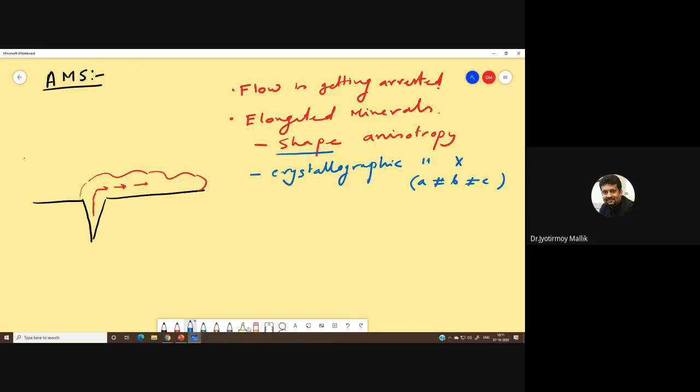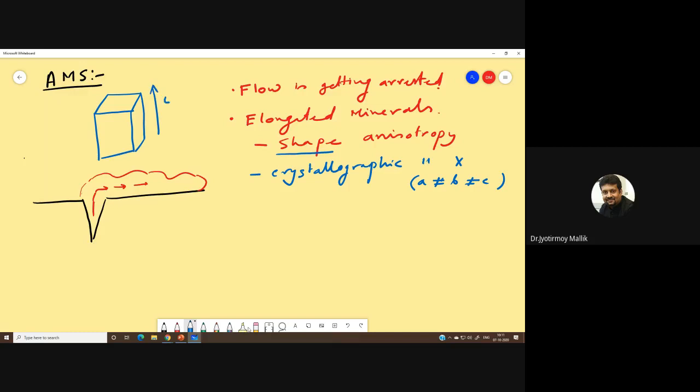Say for example, I have a crystal. If I ask you which is the longest direction, the longest direction is along its c-axis, right?